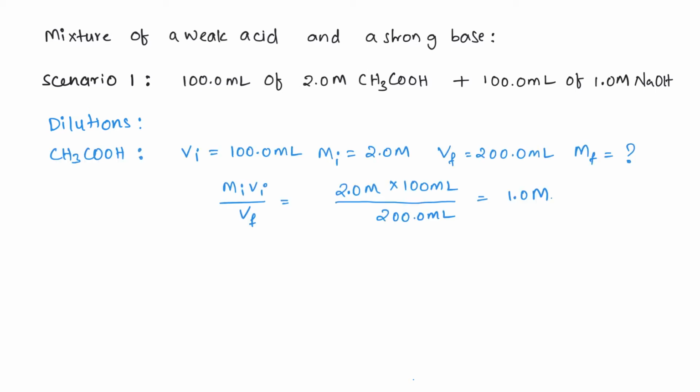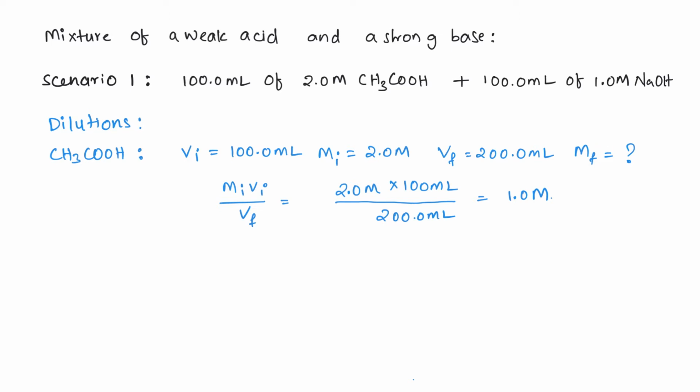First, let us calculate the final concentration of acetic acid. We start with 100 milliliters of acetic acid whose concentration is 2 molar, and we are diluting the acetic acid to a final volume of 200 milliliters. We are supposed to calculate the final concentration.